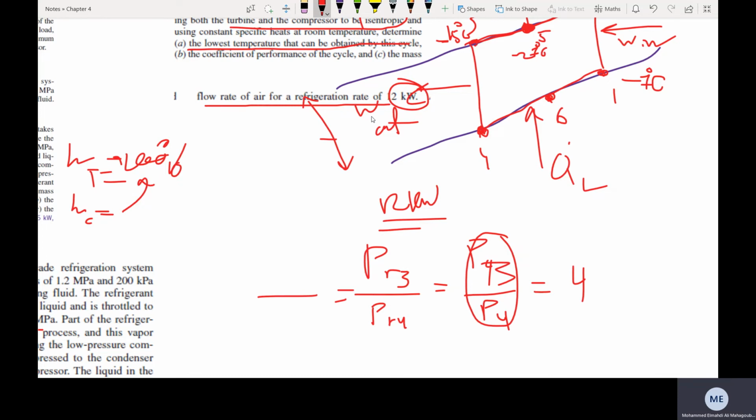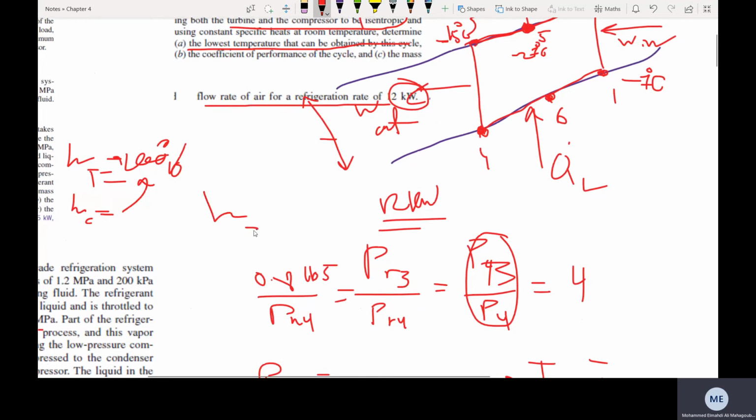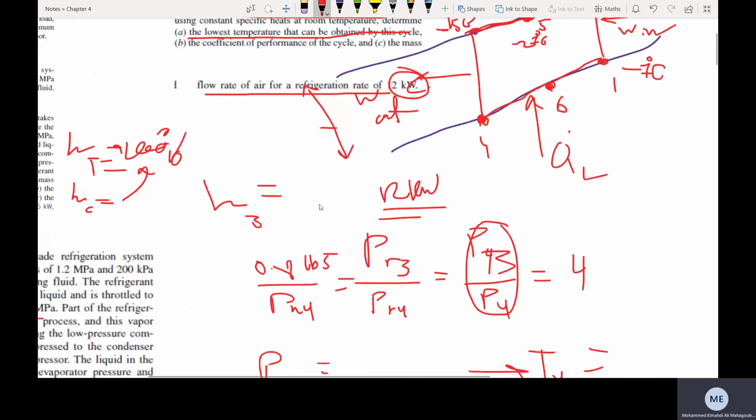I don't want to do interpolation, but you have to do interpolation. And I see that my relative pressure there is 0.8405. So find what is relative pressure 4. After you find it, from it you get temperature 4, and you get H4 as well. Of course, we should have found H3 using the temperature there.